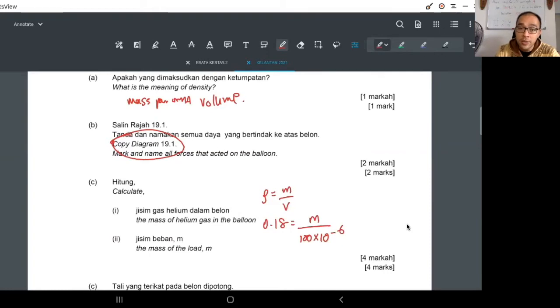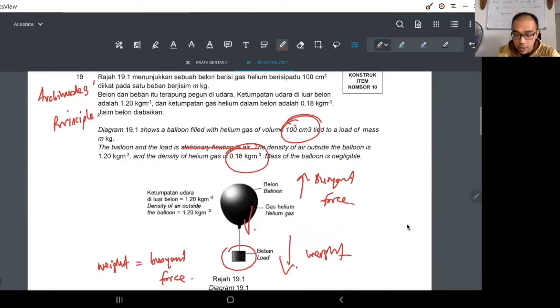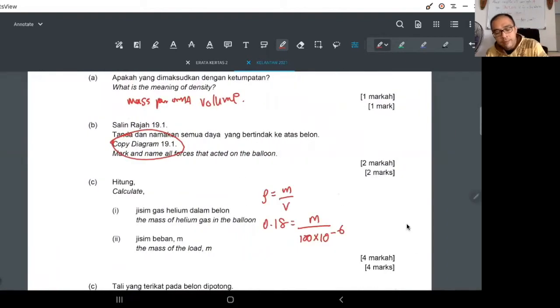Because the original one is 100 centimeter cube, you want to change to meter cube, so centimeter cube to meter cube is times 10 to the power of negative 6, or divide by 100 three times, because centimeter to meter is divided by 100. So when you do all the calculation, you will get the mass is about 1.8 times 10 to the power of negative 5 kilograms. That's what you're supposed to get.